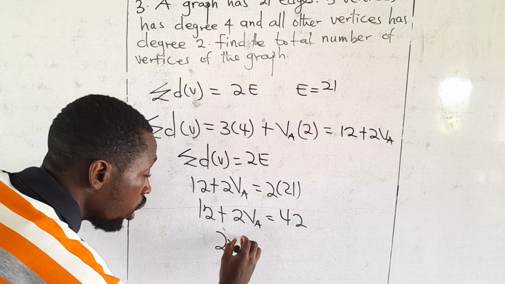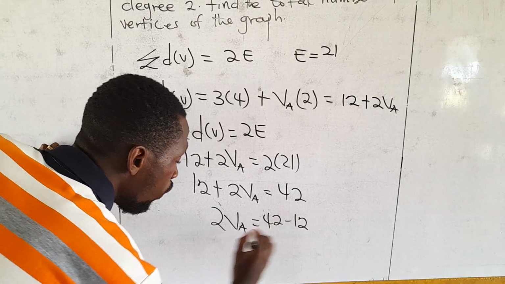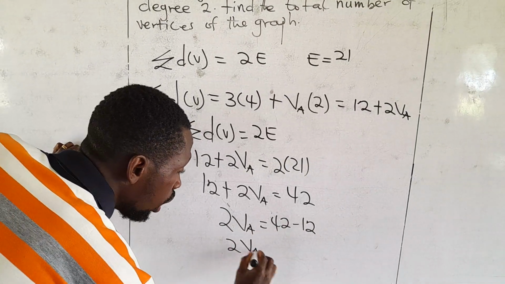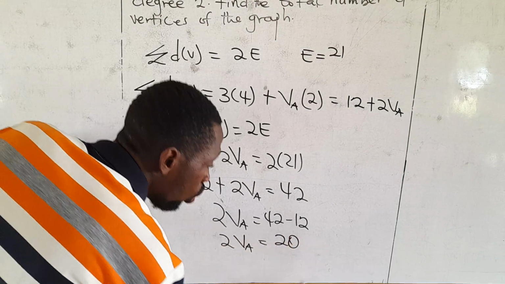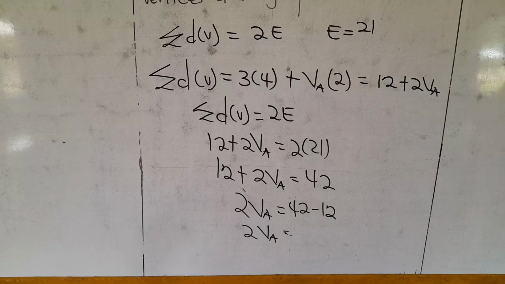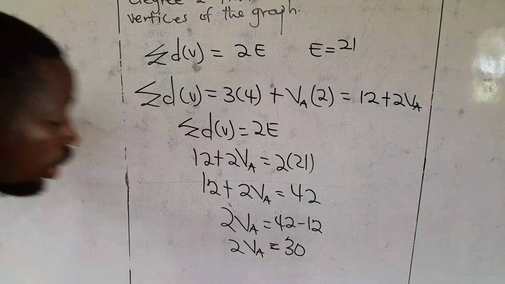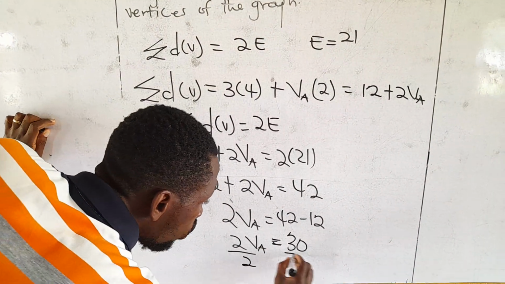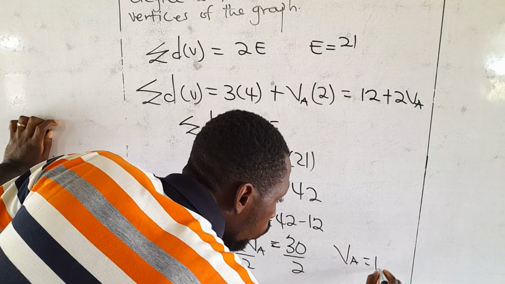So 2v subscript a will equal 42 minus 12. That's 30. Then we divide both sides by 2. Then we can say v subscript a is equal to 15.